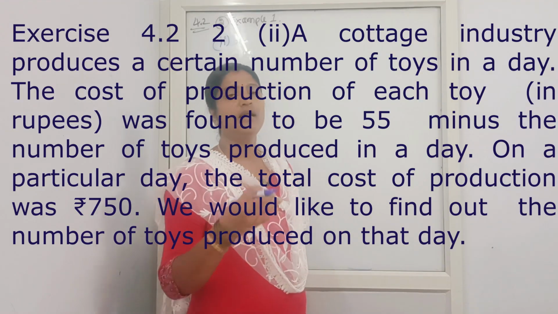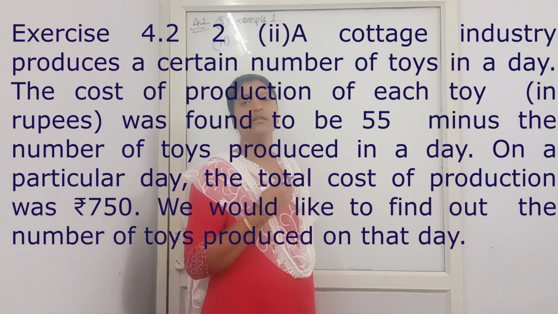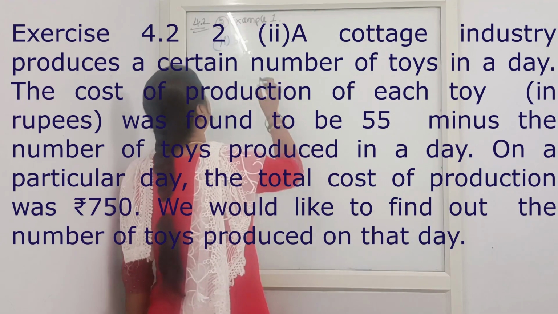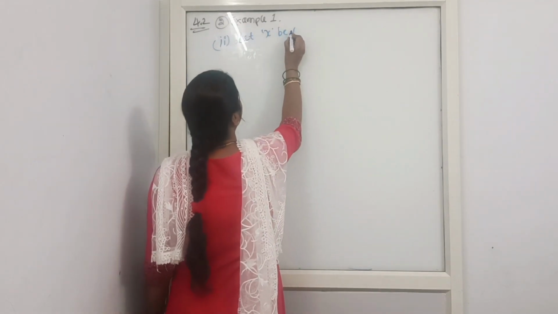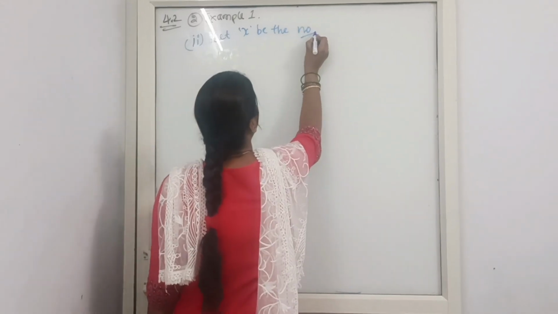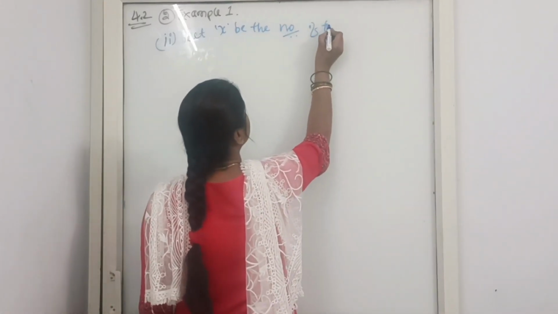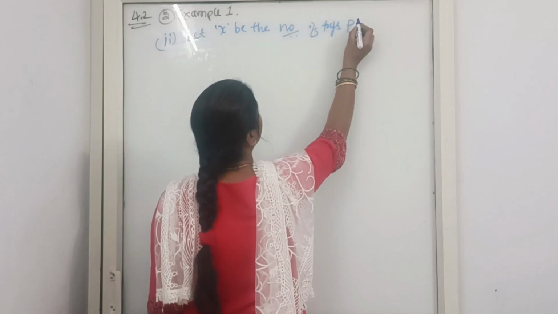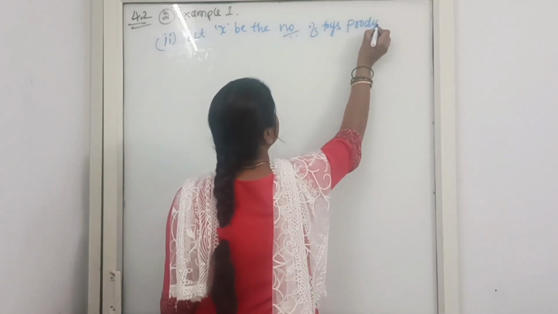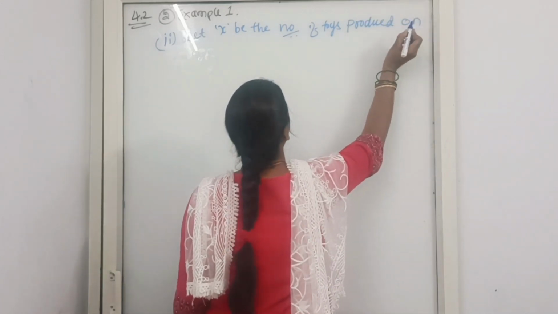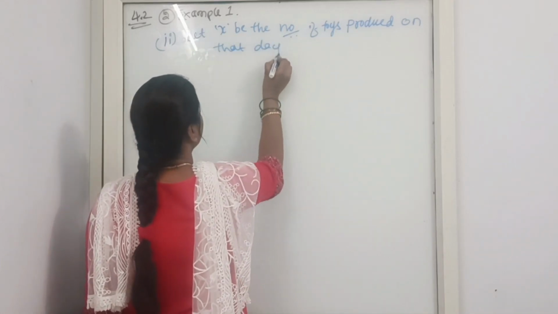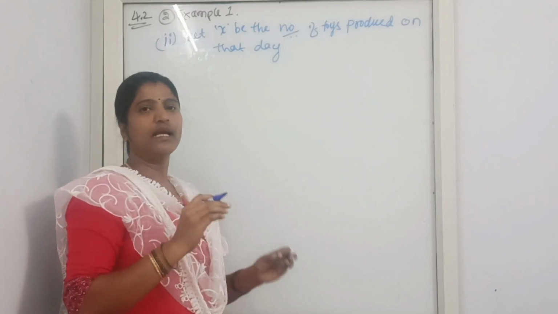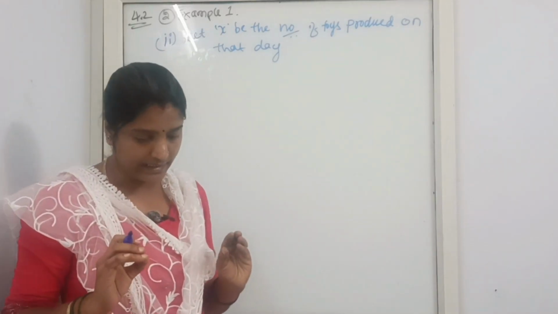I already said last what they asked us to find out, that you can consider. Let x be the number of ties produced on that day. Clear? Now we understand x is the number of ties produced on that day.